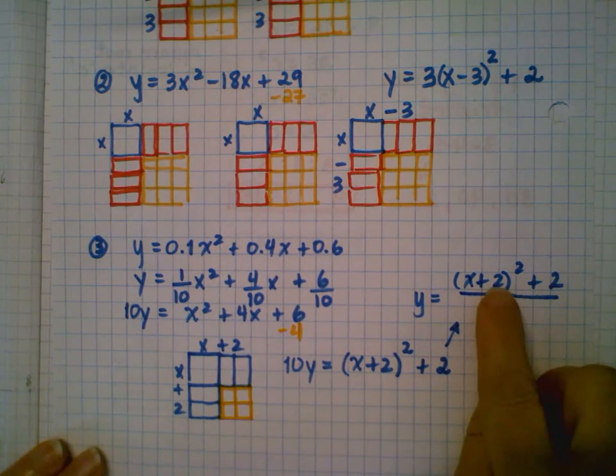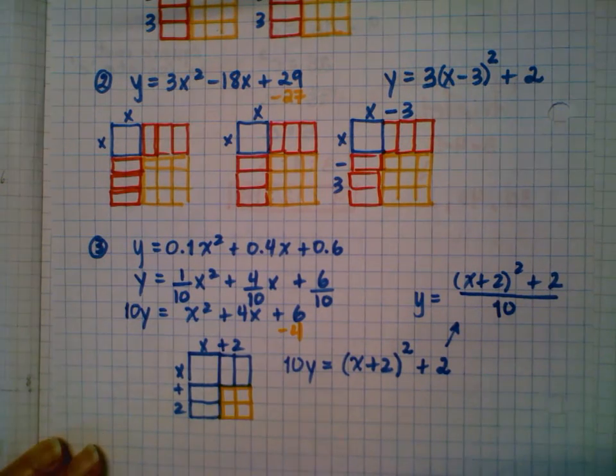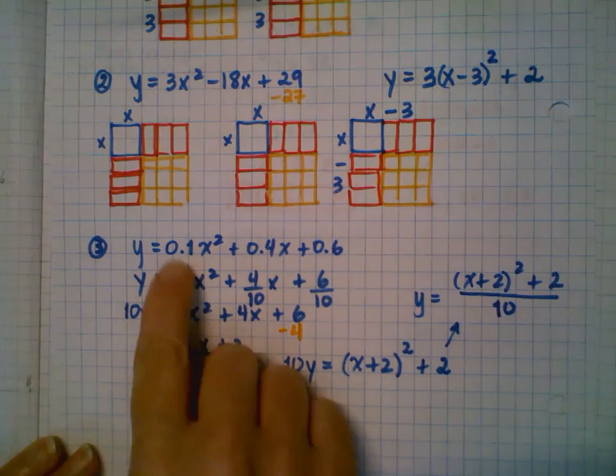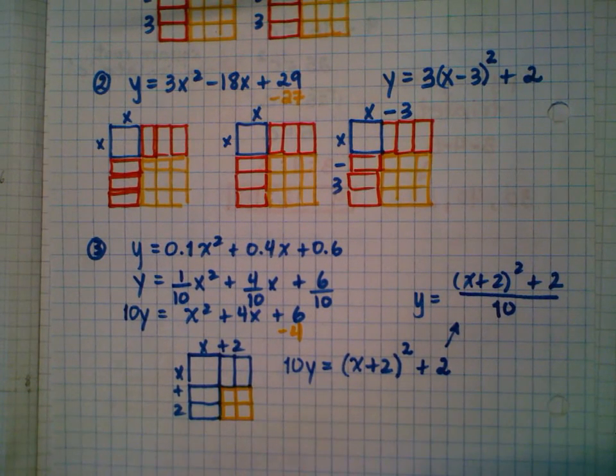So in this form, I can pick out the vertex, and my leading coefficient was positive, so that tells me something else about the parabola as well, that it opens up.